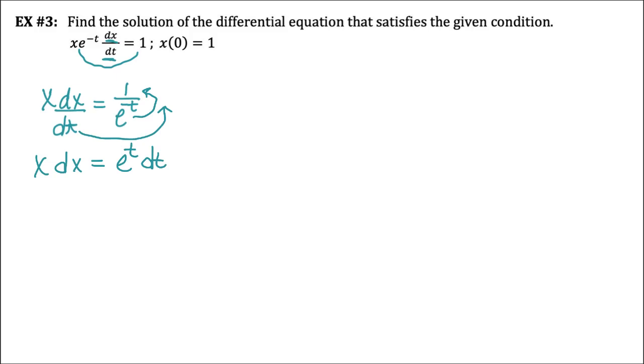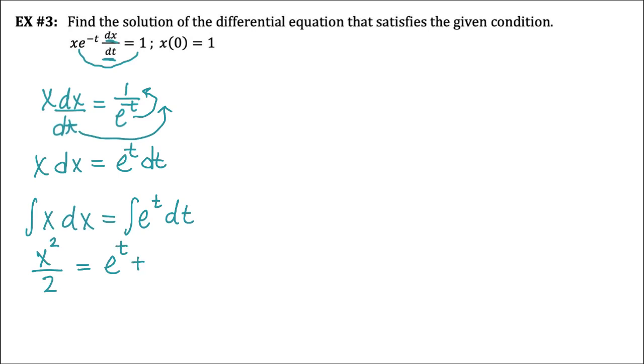And so that clears up a lot of work because now we can integrate both sides. So now once we integrate, if we integrate x, we're going to get x squared over 2 equals, and if we integrate e to the t, we're going to get e to the t plus c.